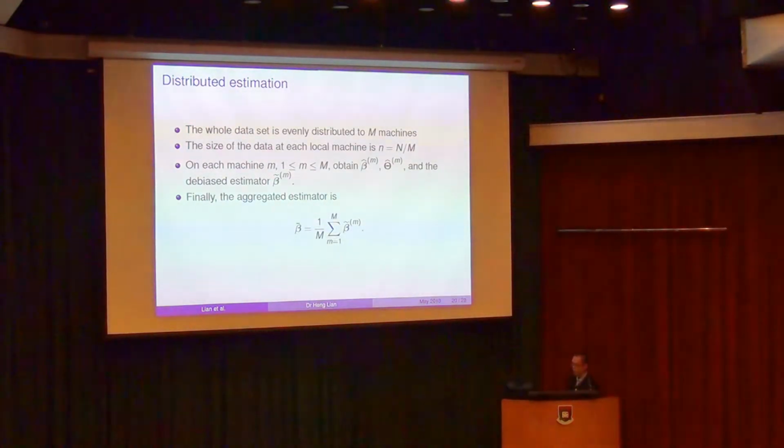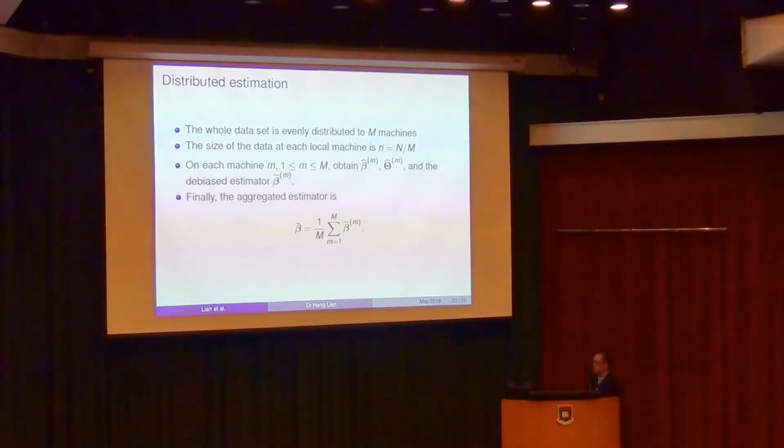What we can do is that suppose we have M machines, we can just randomly partition the data into M different parts and throw the different parts onto different machines. And each machine can carry out the calculation independently using only the subdata.